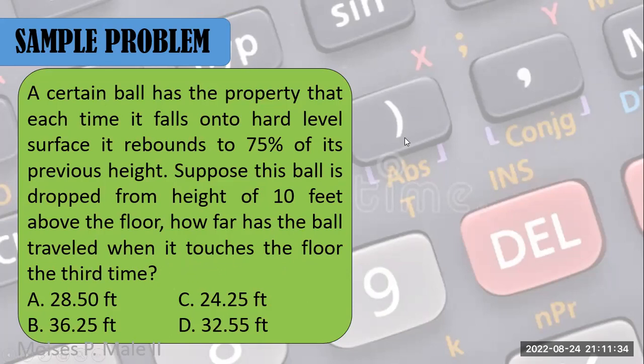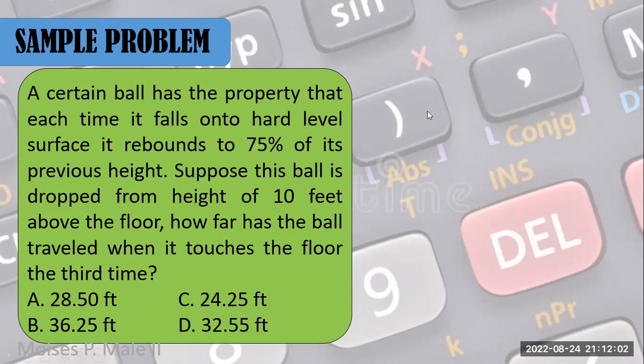Okay, but if you observe, its first motion is only downward. The second motion is upward and downward. The third motion is upward and downward. So that you can use the first bounce as the first motion, assume that the first motion also had an upward motion. Just subtract it after you get the total value.